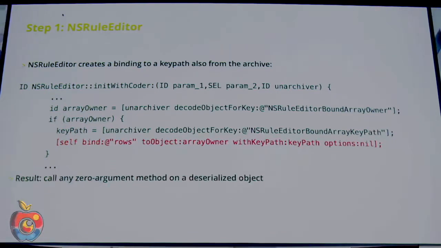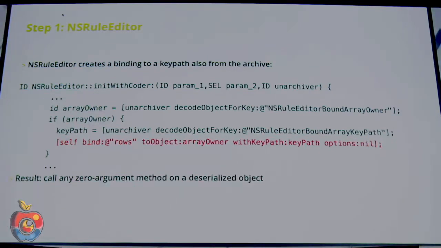So for example, you can have your model as a person, and then you create a view with a text field, and you can bind that view to the name of the person. And then the key path that you have is the name property of that person. And then if you modify the text field, then the model is automatically updated, or if the model is updated, then the view is also automatically updated.